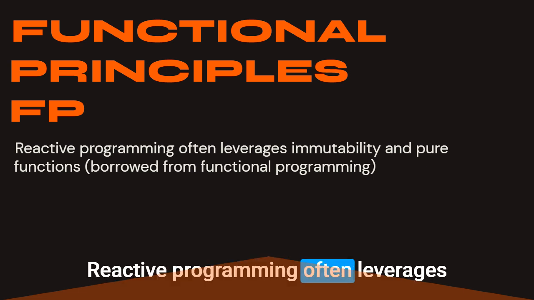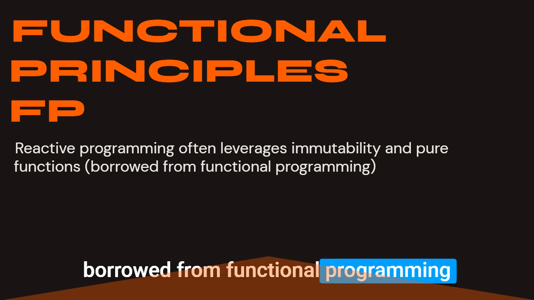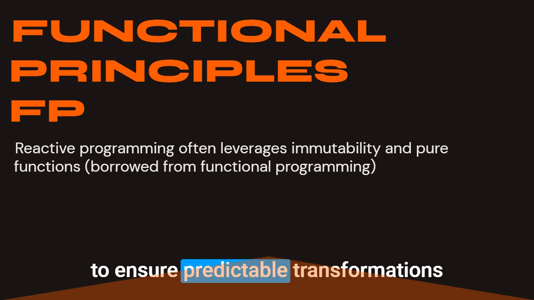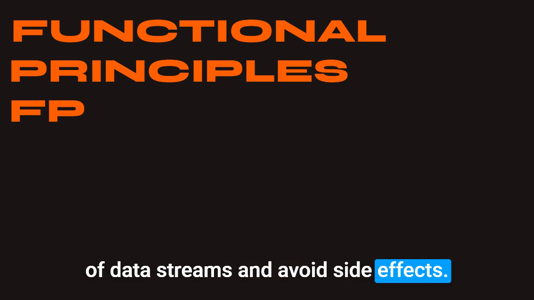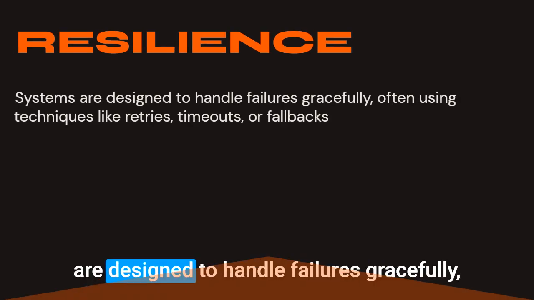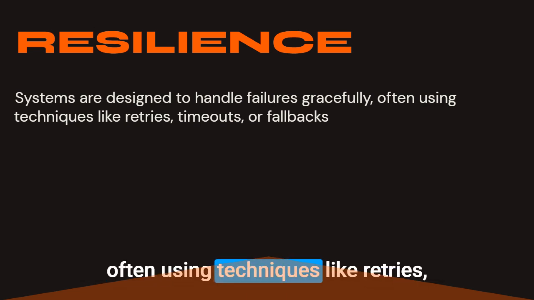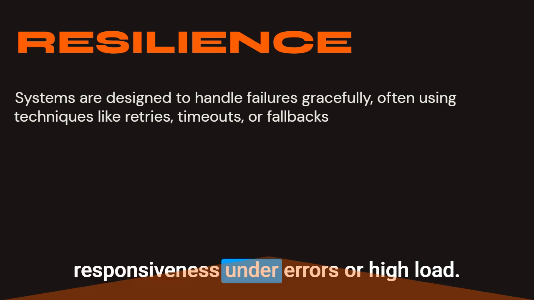Immutability and functional principles. Reactive programming often leverages immutability and pure functions borrowed from functional programming to ensure predictable transformations of data streams and avoid side effects. Resilience and fault tolerance. Systems are designed to handle failures gracefully, often using techniques like retries, timeouts, or fallbacks to maintain responsiveness under errors or high load.